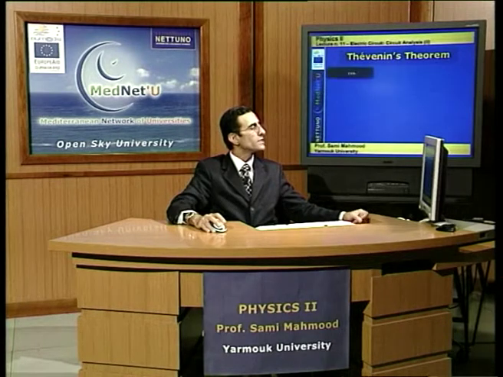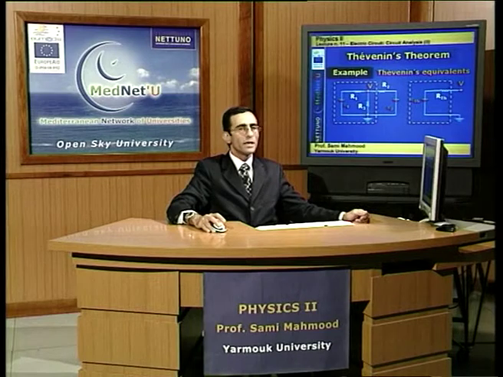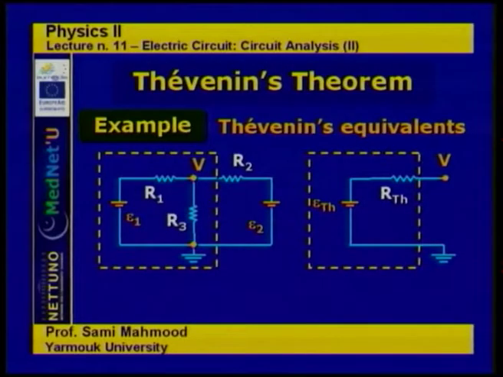So what do we do in that sense? For an example, we consider this circuit that we have discussed before, the double node circuit, and suppose that we are interested in calculating the current through the branch R2.